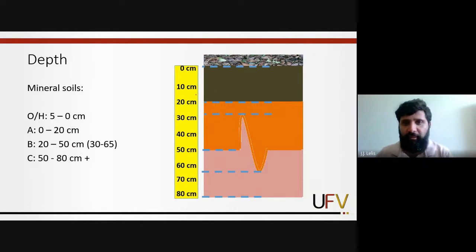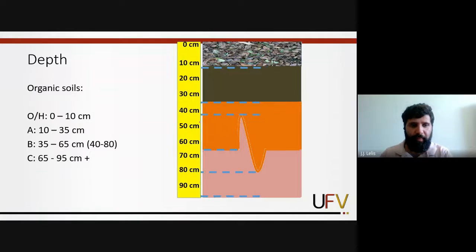Here's the same example. Okay. And here is another example where I saw organic soil, when I have an O or H horizon that's very thick, a very expressive horizon or layer.